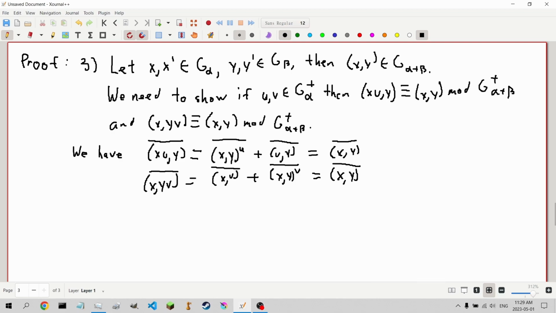Now, next thing we need to do is look at xx prime by y. Because keep in mind, this is showing the product with an element from G alpha positive. We're now looking at the product of an element from just G alpha itself. And we get the kind of analogous construction here.